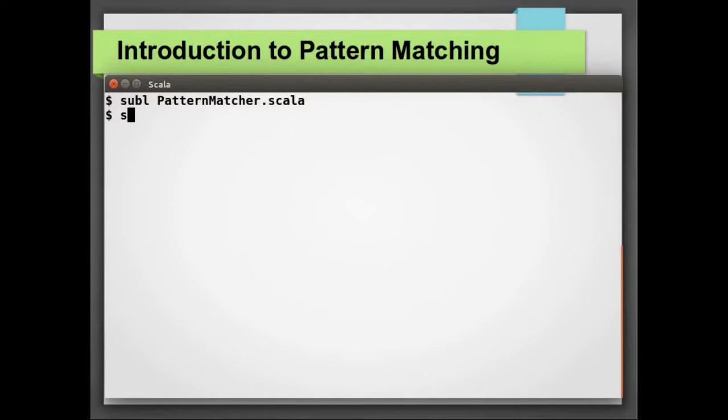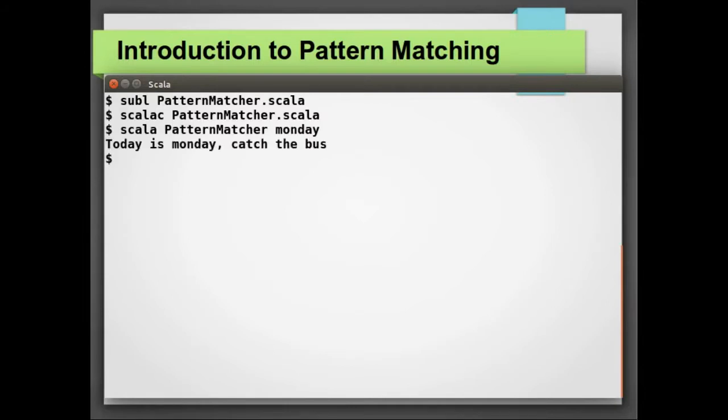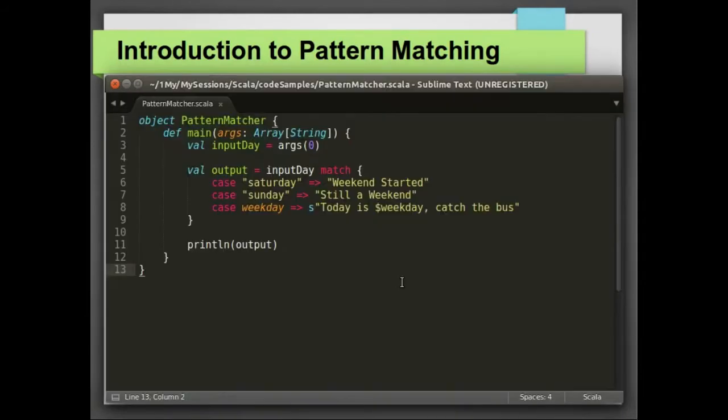Let's see it in action. Let us compile our program once again. Let's pass the value this time as Monday. And we have the output: today is Monday, catch the bus. So this was value binding in action.